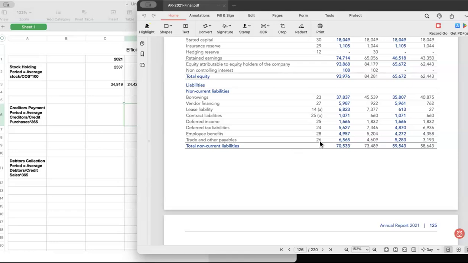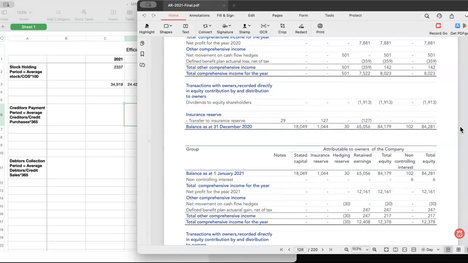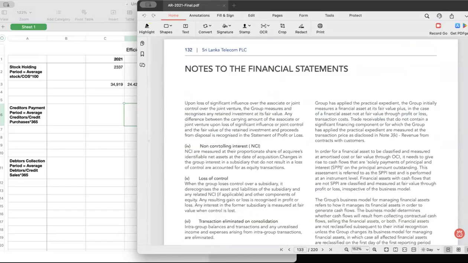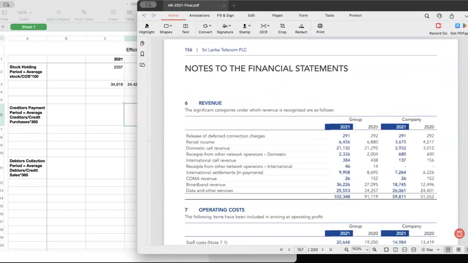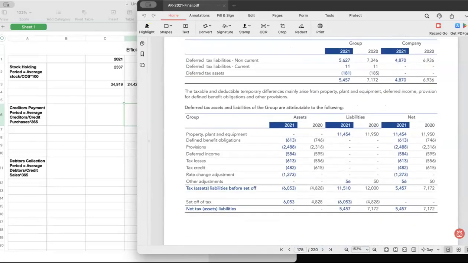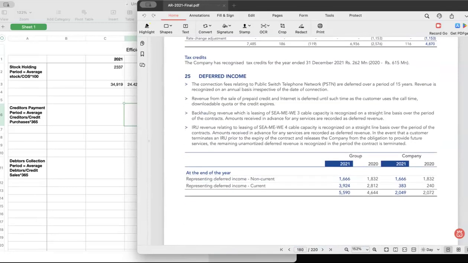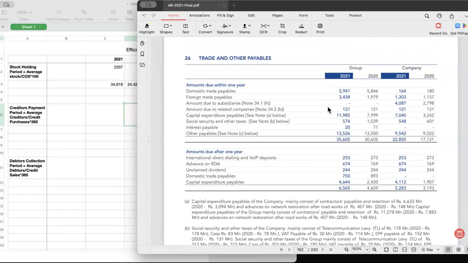So let's go to note number 26, which is all the way down. Yeah, trade and other payables. You can take 164 and 1303, these two, as the payables. The others, no. They are other payables.